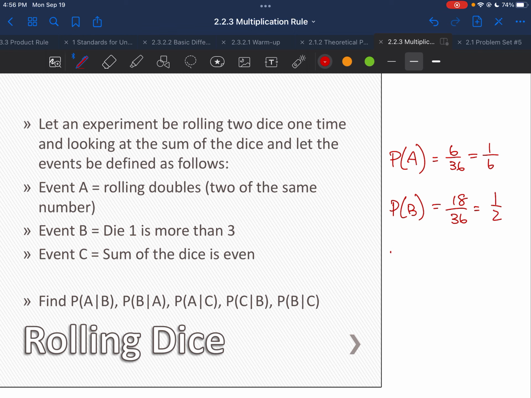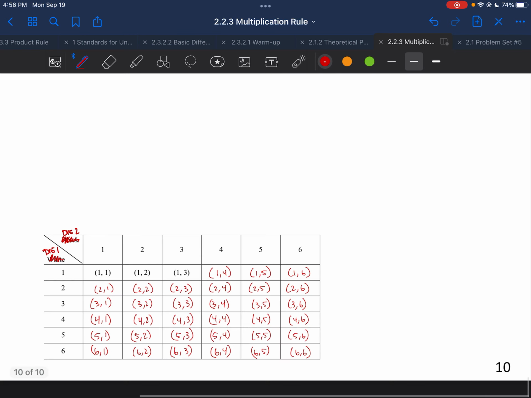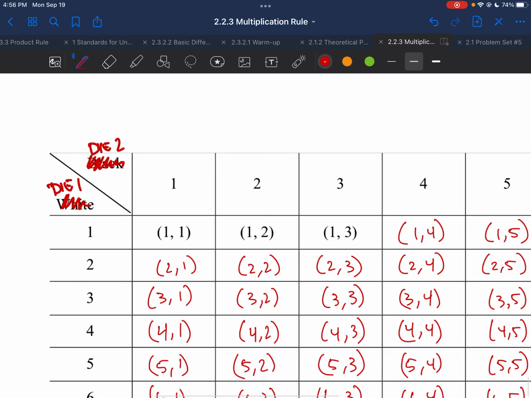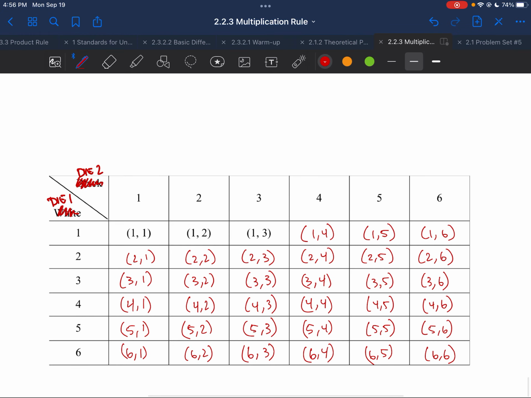And then let's find the probability of C, the sum of the dice is even. So let's look at all the values here where the sum of the dice is even.